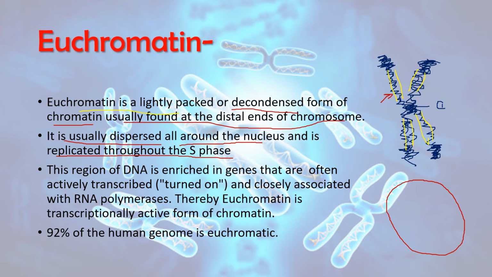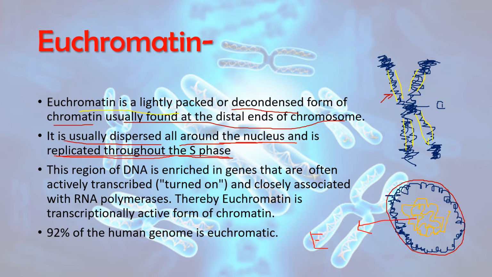Suppose this is our nucleus and this euchromatin is present at the center region of the nucleus, whereas the heterochromatin, which is the tightly compact structure of chromatin, is present at the periphery of the nucleus. So this is our euchromatin.